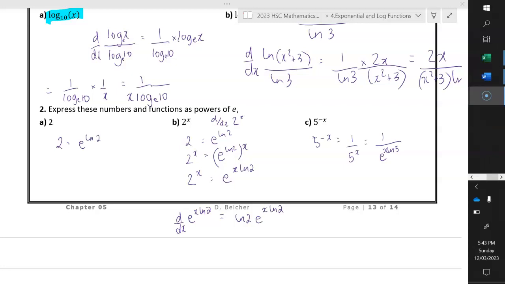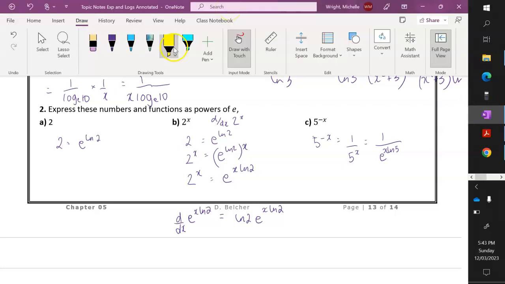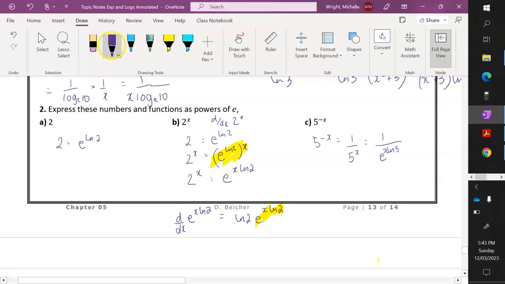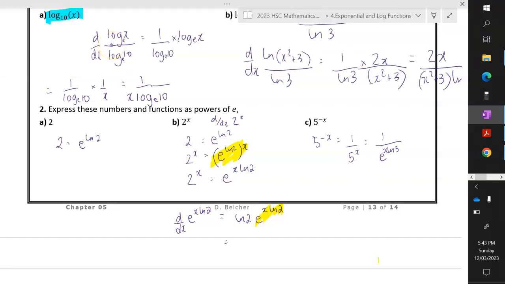This is our answer, but that's not what it looks like in our formula. So what we can actually do is play around with that a little bit. And if I just get my highlighter pen and show you, we can pop our e to the x log 2 in as, if we have a look, here it is up here, as 2 to the x. So I can rewrite that as the derivative of 2 to the x is log 2, which is up above there, and I've replaced this yellow part here with 2 to the power of x, which if we neaten that up looks a little bit nicer as 2 to the x log 2.